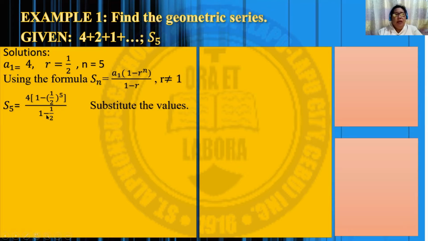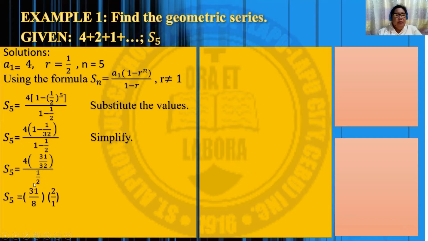And 1 minus 1/2. Then simplify 1 minus 1 over 32 times 4, all over 1 minus 1/2. So you have 31 over 2 times 4 over 1/2. Just take the reciprocal of 1/2 and multiply it to 31 over 8.